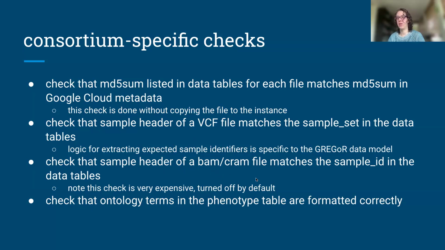The BAM CRAM checks are especially expensive, so that one is turned off by default. Another consortium-specific check is that the ontology terms in the phenotype table are formatted correctly. The GREGoR data model phenotype table uses things like HPO terms to represent phenotypes, so it makes sure that those conform to the expected format of ontology terms.